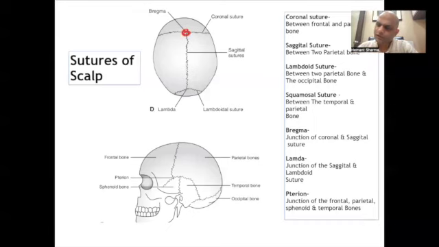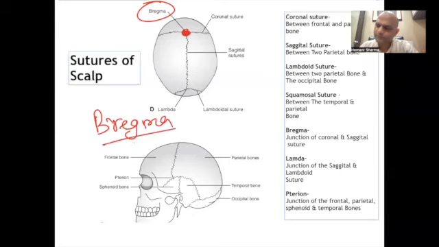This is the anterior fontanel. The other name of this is bregma, B-R-E-G-M-A, bregma. So bregma means the junction between the frontal and parietal bone, right?